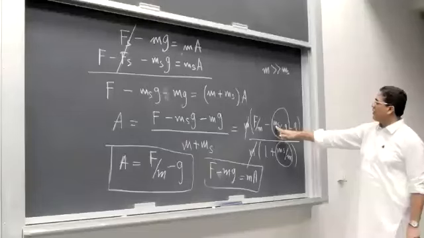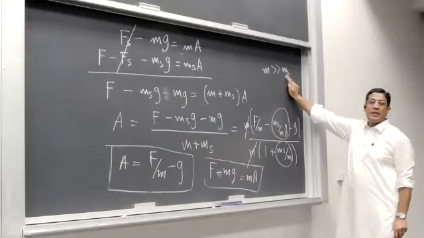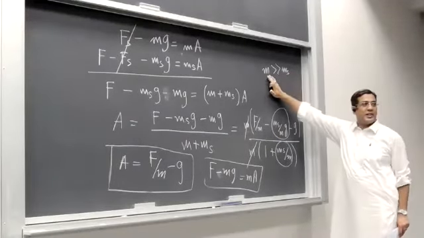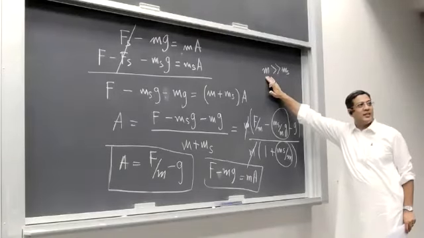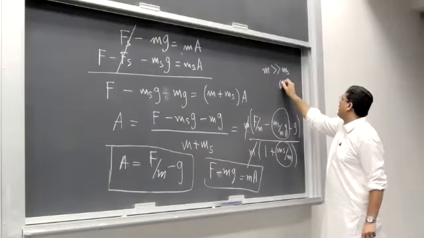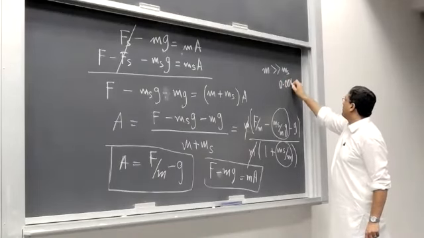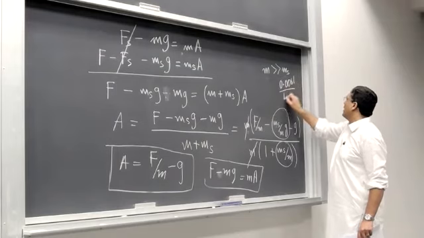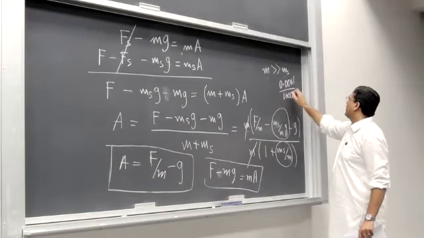Now we have a very small number ms. I'm saying ms is very small compared to the masses of the bodies that we are dealing with. If you divide a very small number by a very, very large number, what do you get?